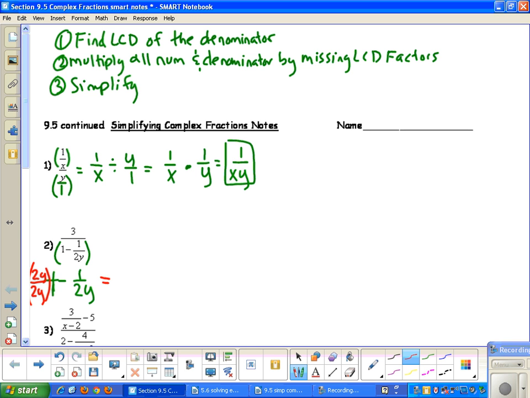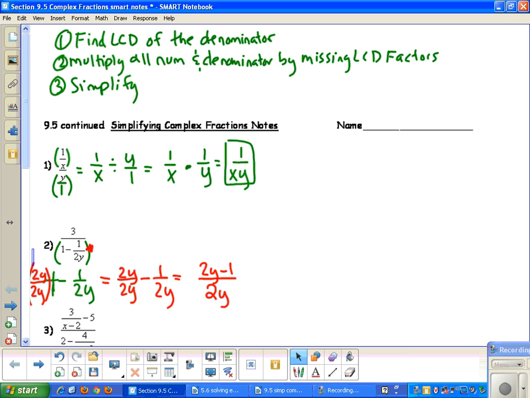And that enables me to get a common denominator. So I have 2y over 2y minus 1 over 2y. And then remember, when you're adding or subtracting, you combine things in your numerator. So in this case, we have 2y minus 1 all over your common denominator, 2y. So that's what I'm going to replace this part with right here and rewrite my answer.